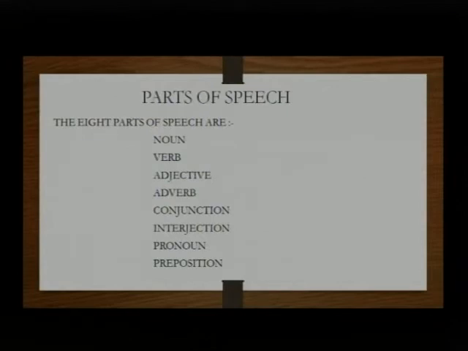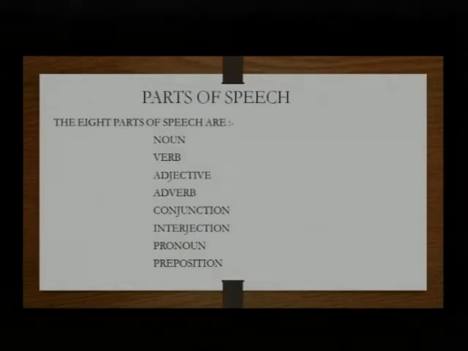parts of speech. The 8 parts of speech are noun, verb, adjective, adverb, conjunction, interjection, pronoun, preposition.